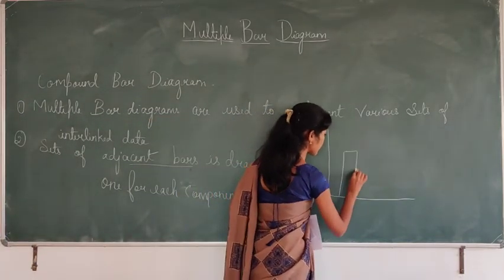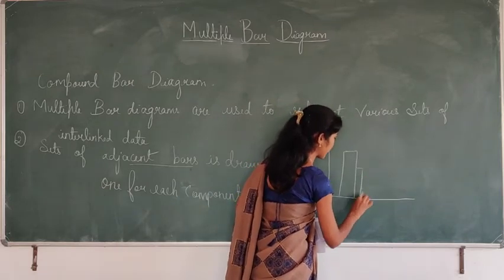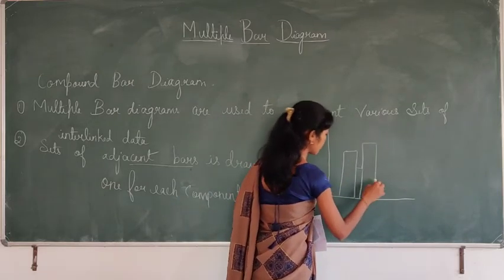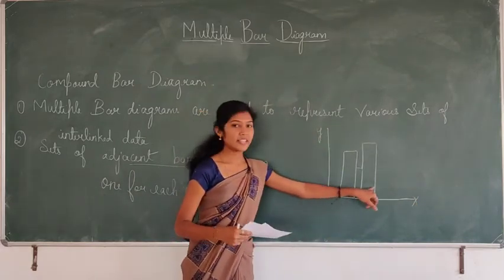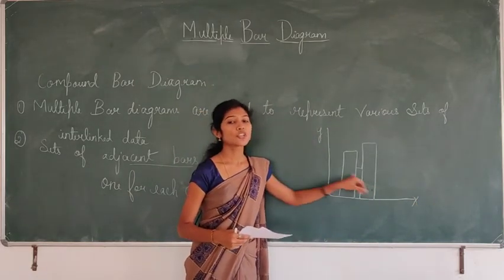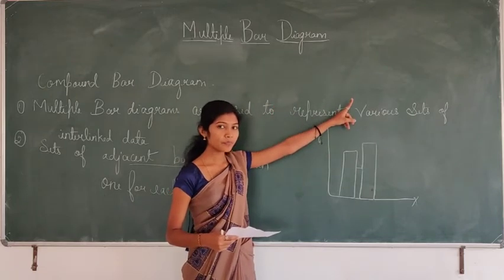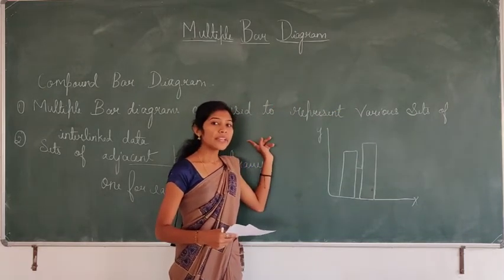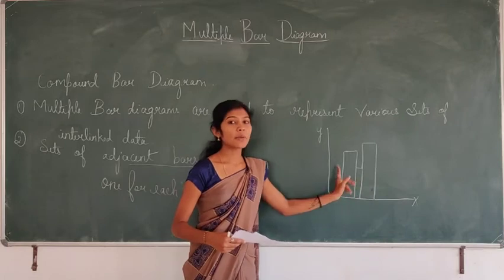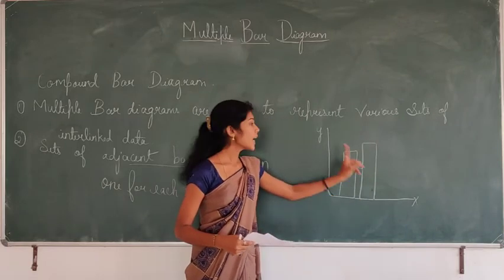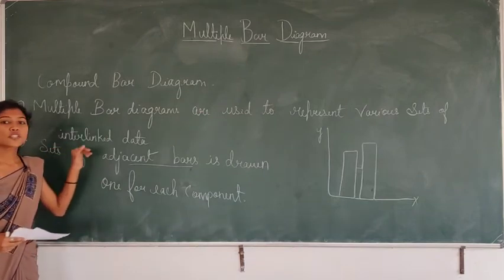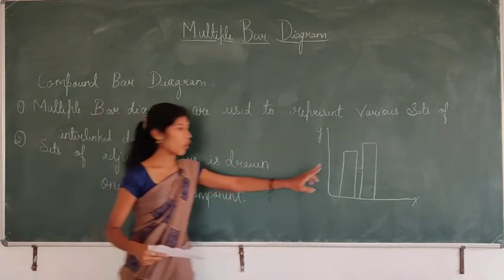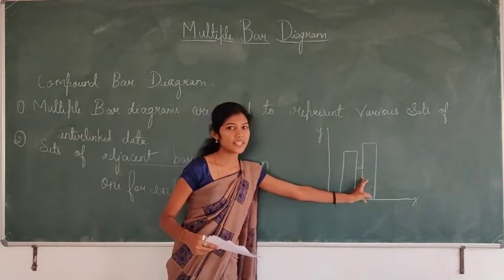If this is a diagram of multiple bar diagram, these are said to be adjacent bars. Clear? So in multiple bar diagram, various bars or multiple bars will be drawn, and sets of adjacent bars are drawn.